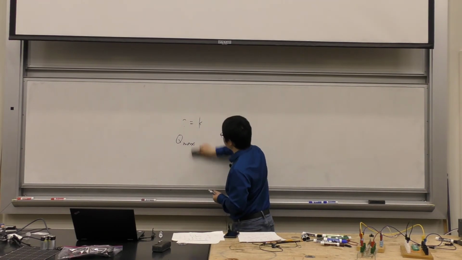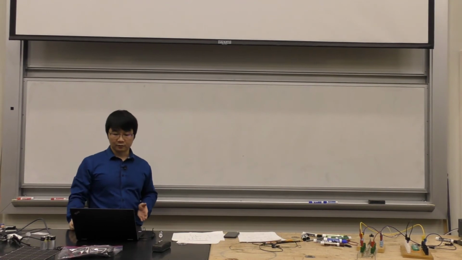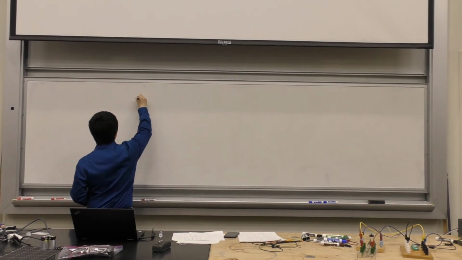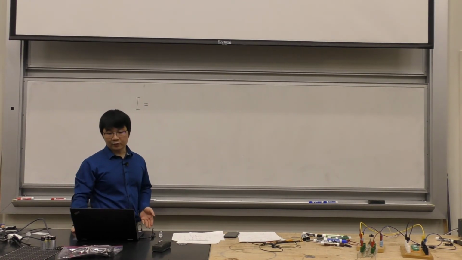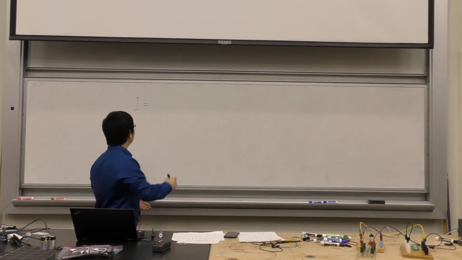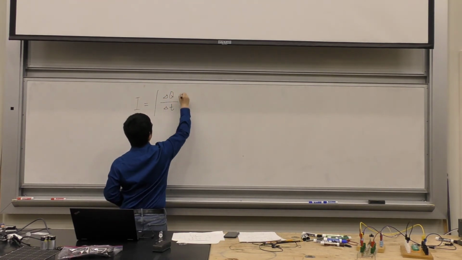So the current is defined this way. If there are some charges flowing in a conductor, we define, this is a definition, the current as the time rate of flow of electric charge through the cross-sectional area of this conductor. So it's always defined as the charge moving divided by time.